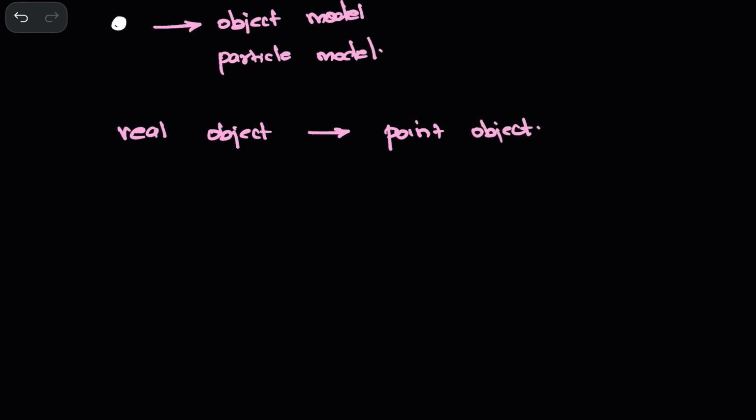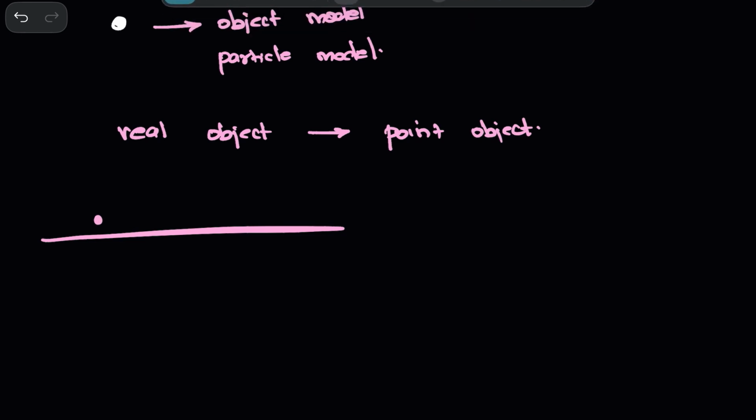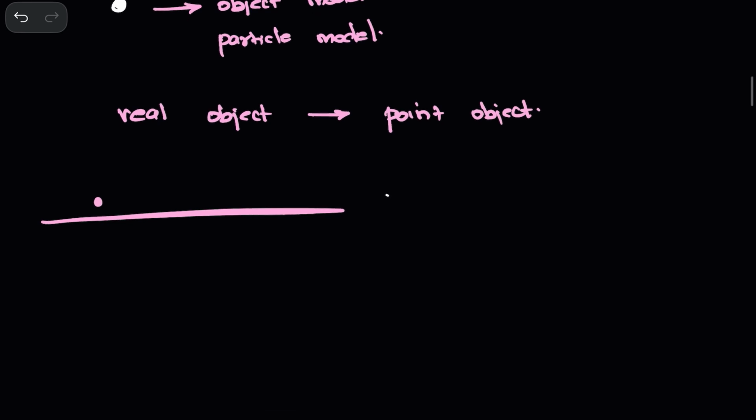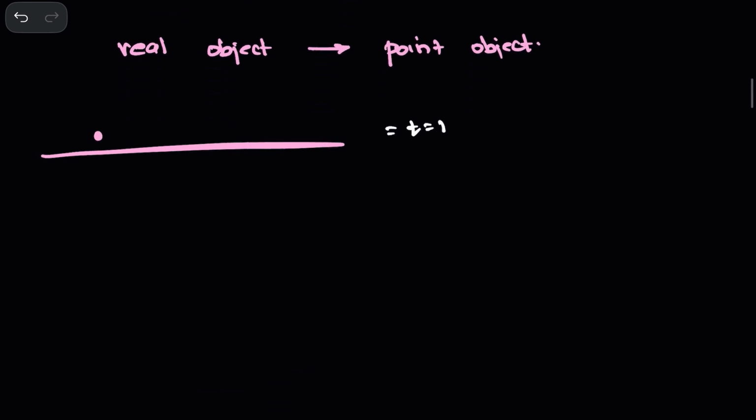So as time passes, that point has a position, right? So now, instead of drawing a car, I would simply represent it using a point. Now, this point has a position. So as time passes, the position might change. So this might be at t equals 1.